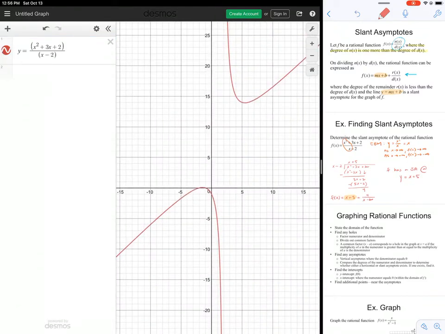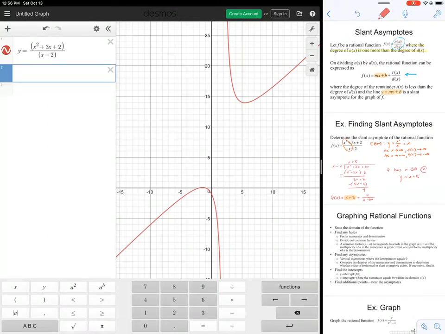Okay, so that's what the rational function f of x looks like. And now let's graph y equals x plus 5.